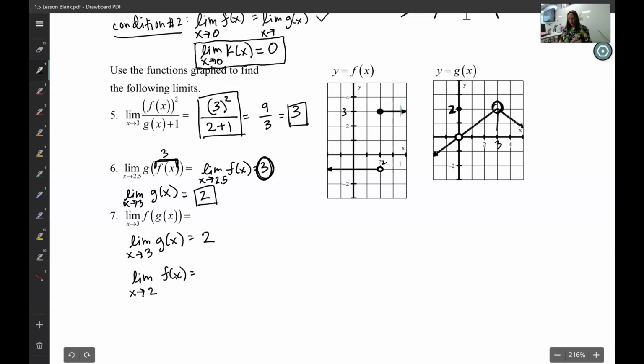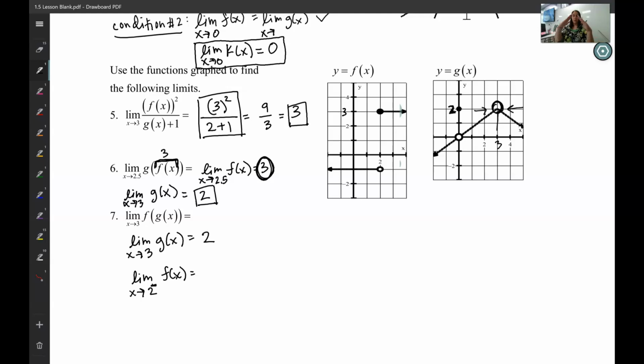And there's one last tricky part to this. If I look at the limit as x goes to 3 of g of x right here, notice that from left or right, my function is coming from below the point. So when I substitute it in here, I'm really coming from below 2 for my substitution.